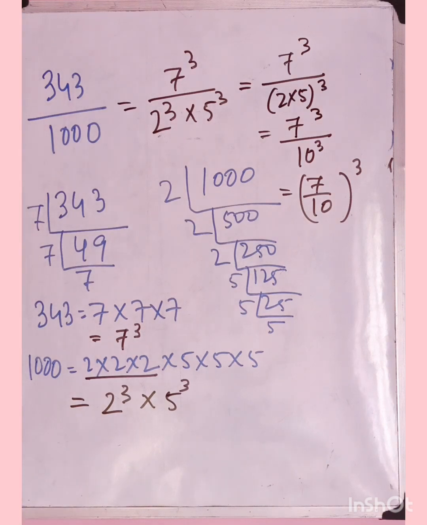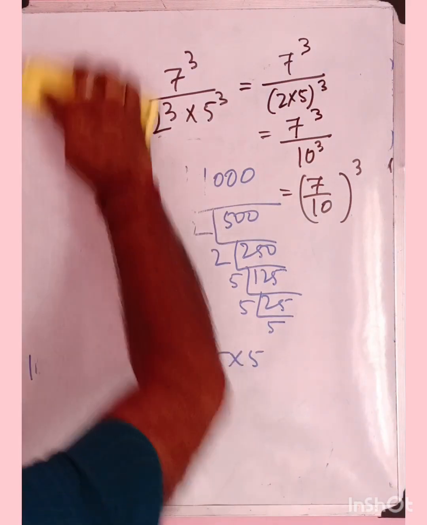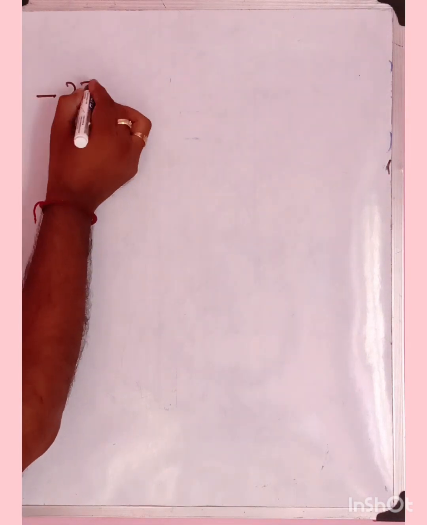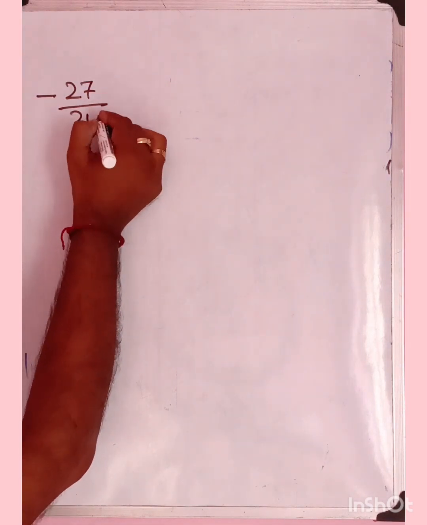Okay. So these are the ways of solving this type of problem. There may be a problem like this with the negative sign. Suppose minus 27 by 343. This minus sign indicates that this should be in exponential form with an odd power, because the minus is maintained.